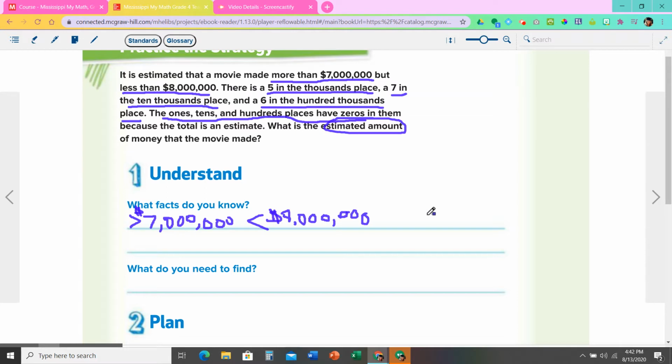All right, we know that there's a 5 in the thousands place. I'm going to abbreviate. 5 in the thousands place. That should be an O. There is a 7 in the 10,000s place. There is a 6 in the 100,000s place.